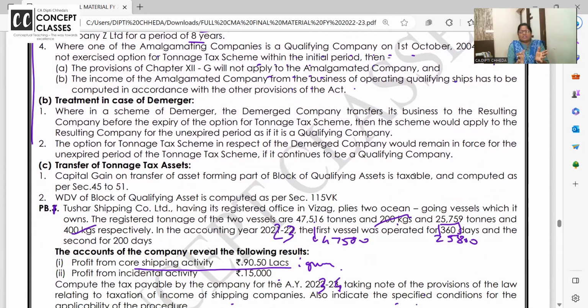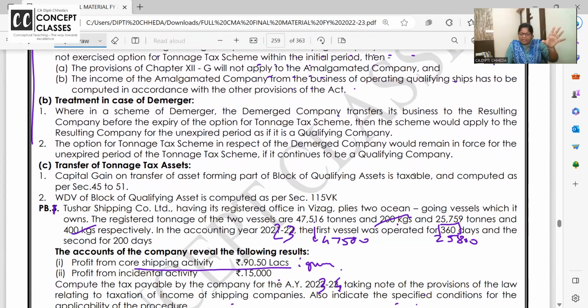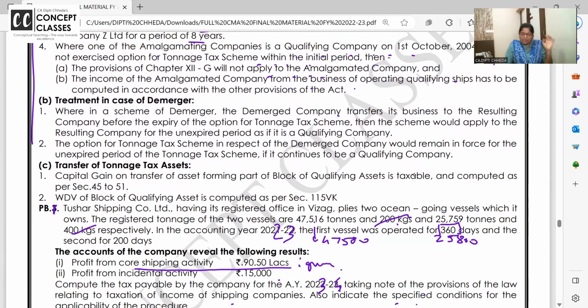Same way demerger. We are splitting the company and 3 years are over for tonnage. Then the resulting company can go for the balance 7 years. Where there's a scheme of demerger, splitting of the company, and it transfers its business to the resulting company, then the scheme would apply to the resulting company for the unexpired period as if it is a qualifying company.